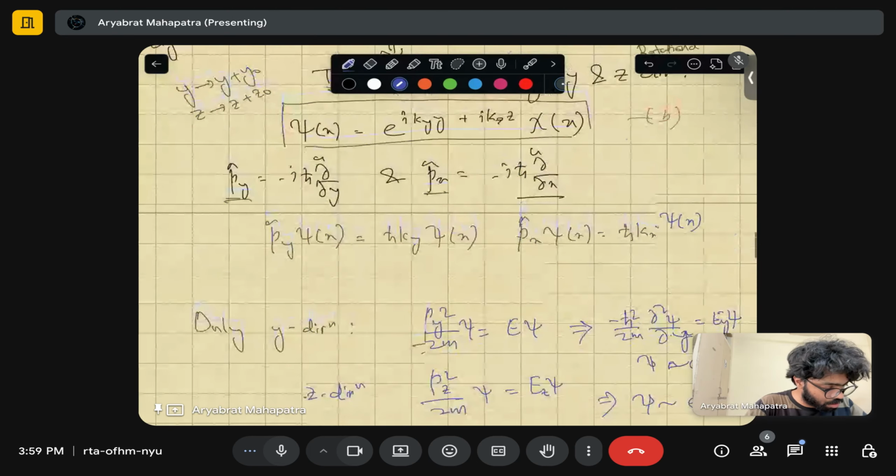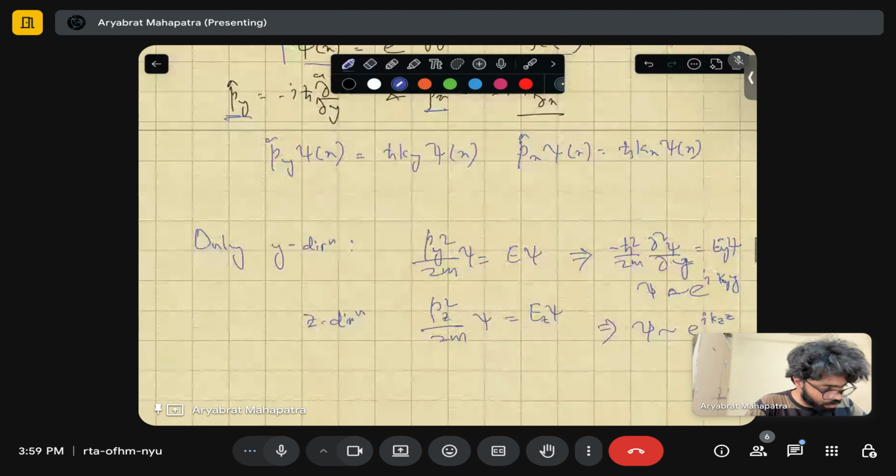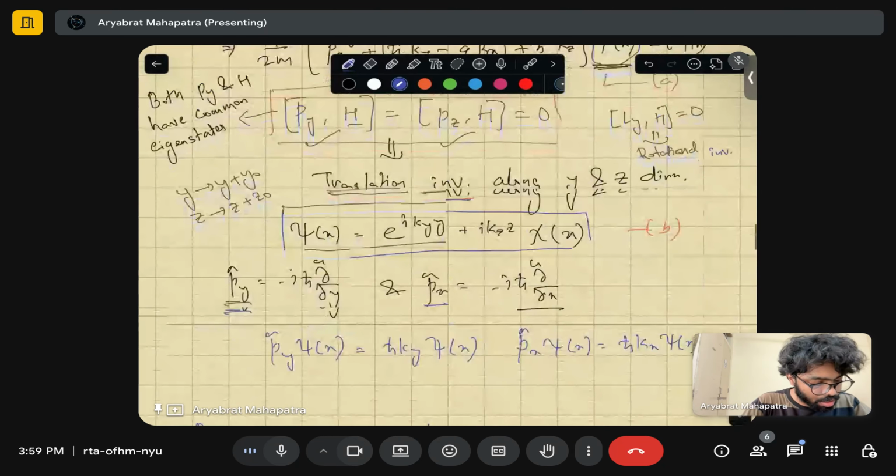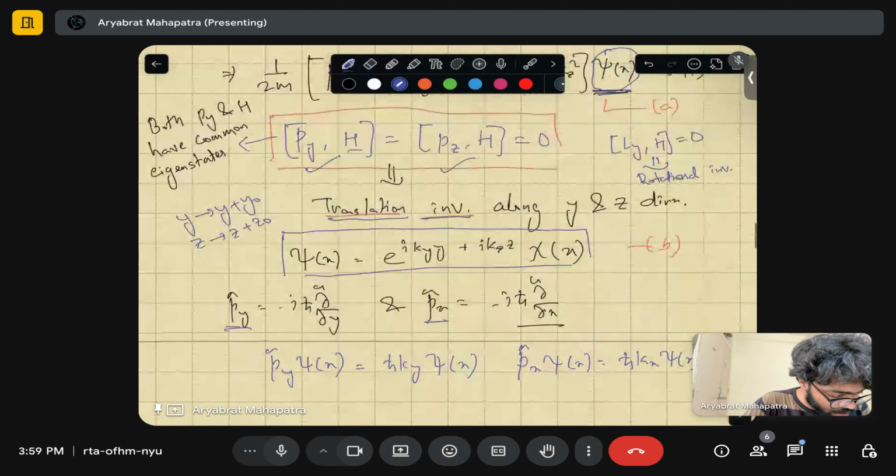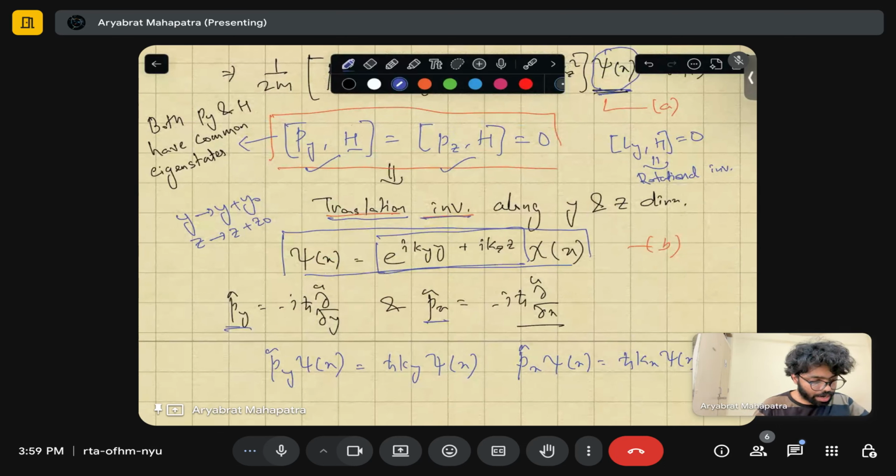That is what we have written as the first part. Then we consider that there is some x part, which we call chi, which we have to estimate.